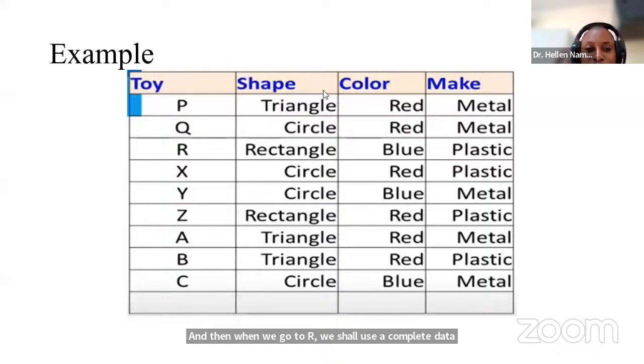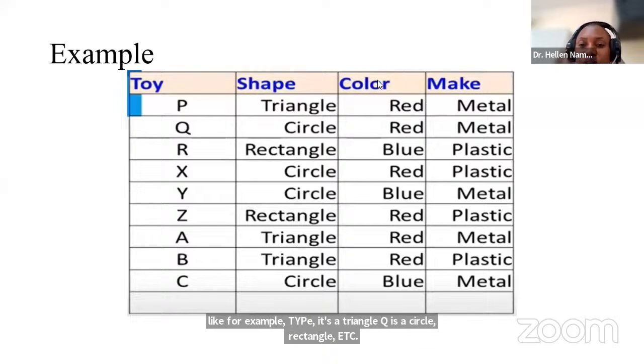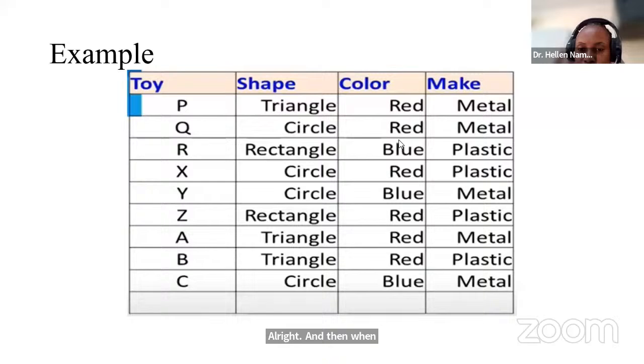In this data set, looking at the toys, these are the observations I'm considering. I've got a variable called shape, and under shape, for example, toy P is a triangle, Q is a circle, then a rectangle, etc. Then for color, I've got two colors: a toy is either red or blue.